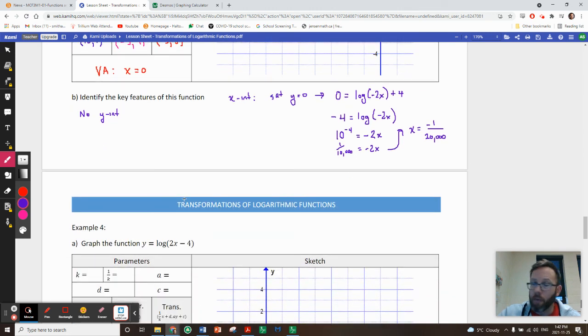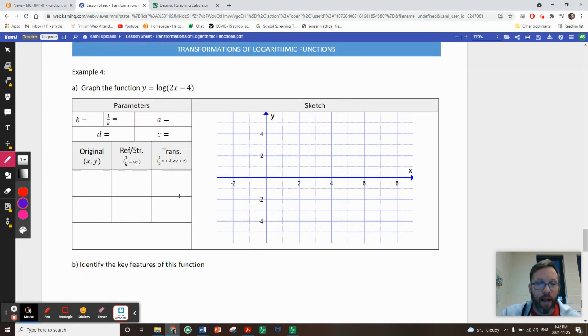Okay, one more. Let's look at this last log function. And maybe for this one, I would encourage you guys, once we have it set up, to try it on your own. But I've been intentional here, including one of these questions. We have to make sure that when we're sketching, and this is true for any function, but for log functions, we want to make sure we're in the form log of k times (x minus d) plus c.